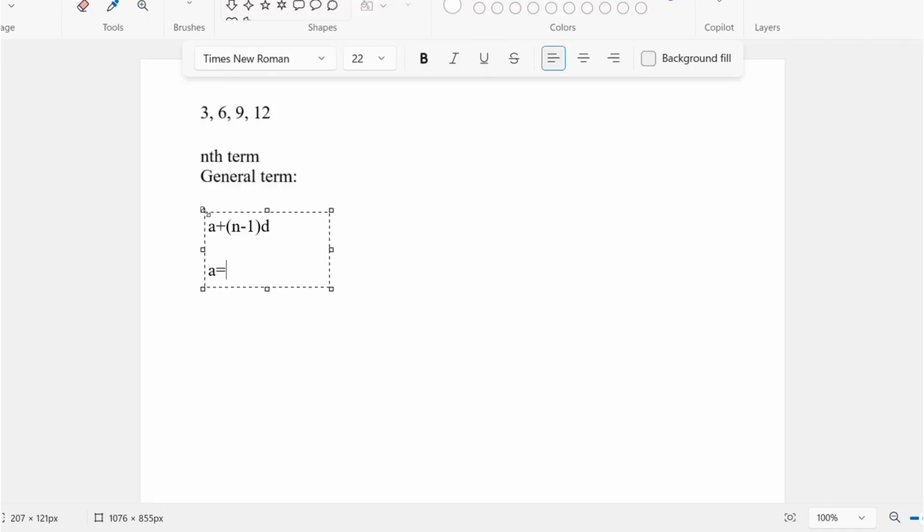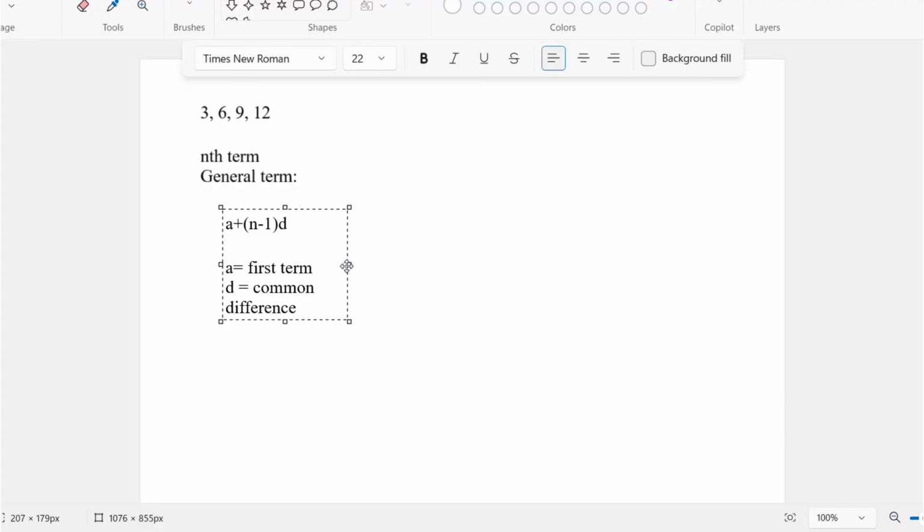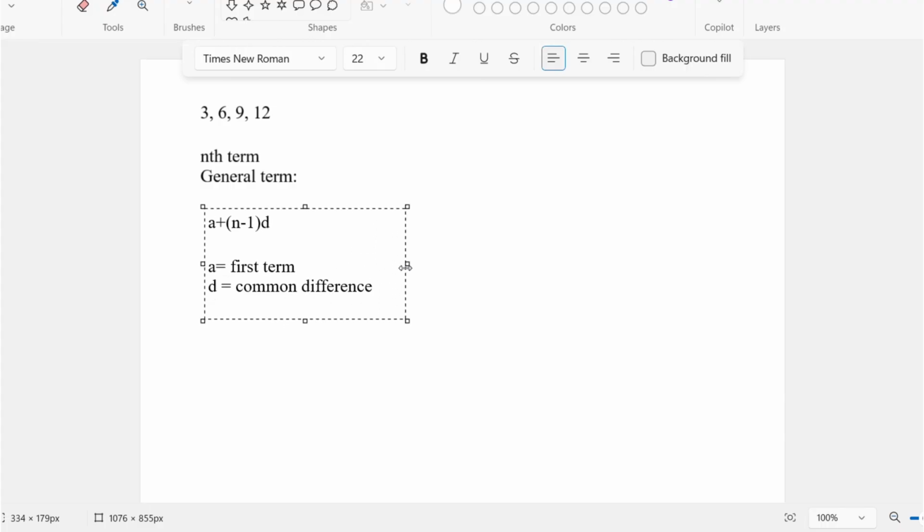Now I'm going to tell you what is meant by a. So a means the first term, and d means the common difference. And in case you don't know, n means the rank of the term, like the first term, the second term, the third term, the fourth term.